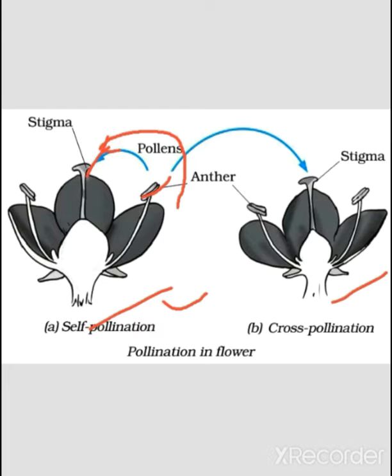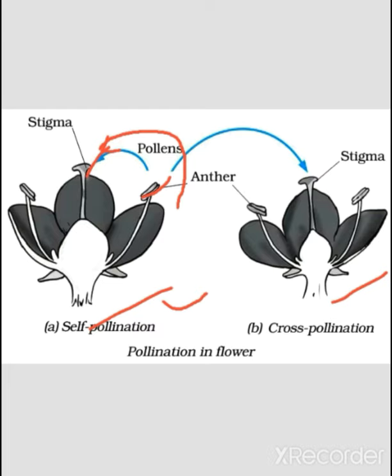So the anther can easily reach the stigma by the growth of the flower parts and land on the stigma. Here is an example of homogamy, that is the marvel of Peru flower.